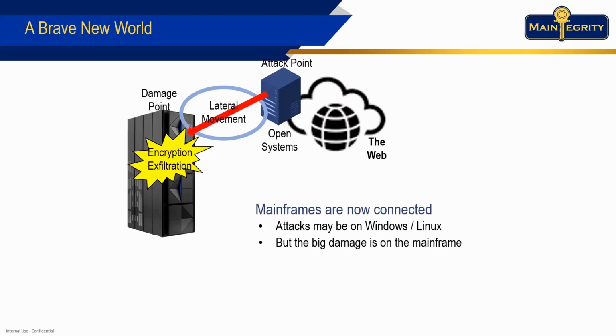The big damage is through lateral movement. So we have these hackers on the outside. They get a foothold, as they did in the very recent ICBC attack, the Industrial Commercial Bank of China. And in that attack, they attacked a VPN. So they really had two opportunities.